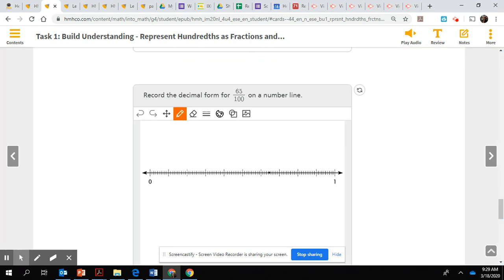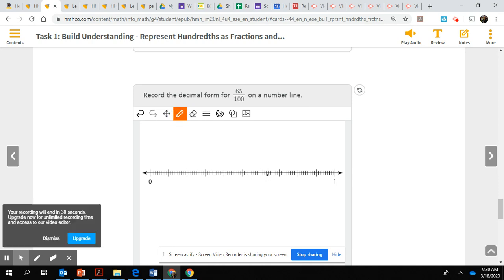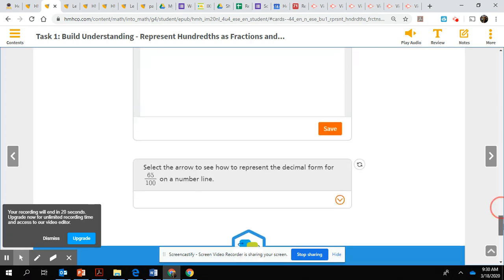Let me go ahead and mark it here. Oh, sorry, that's too big. Let's erase. All right. Oh, it's not erasing. There we go. Let's go back. We're going to actually put it about right here. So there will be our decimal form on the number line, okay?